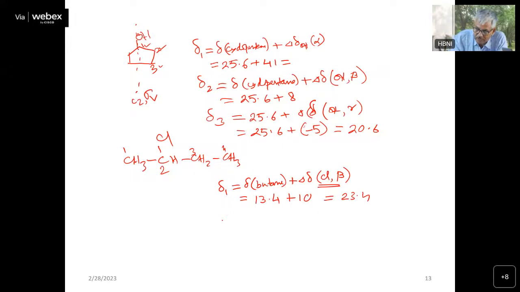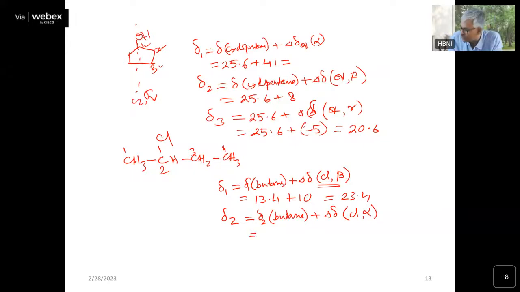Now we come to the delta 2. So delta 2 is now, we know that this value is delta 2. If you see from that, it will be delta 2 of butane. We have taken delta 1 of butane. This will be delta 2 of butane plus delta chlorine alpha. Same carbon it is attached.